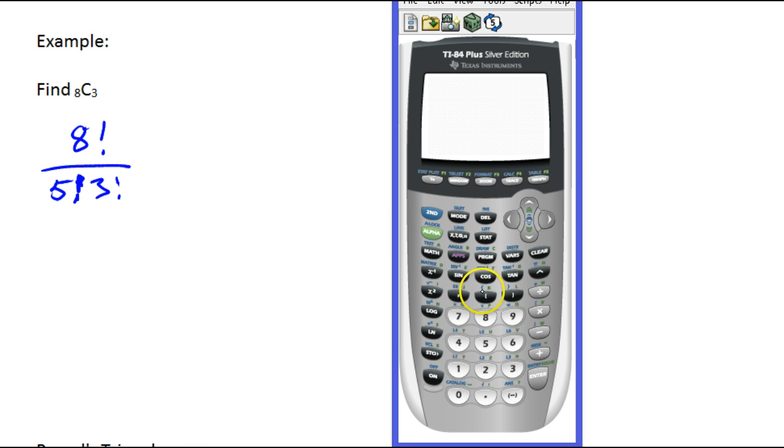So let's work out this expression here. 8 Math PRB number 4, 8 factorial, divided by, and I'm going to go parentheses, 5 Math over to PRB number 4 times 3 Math PRB number 4. So that's 3 factorial, and we get 56.